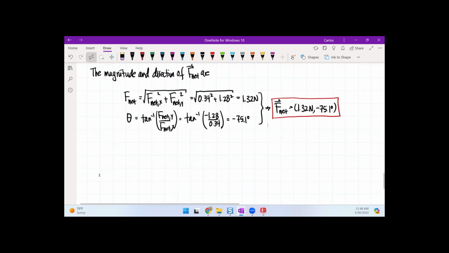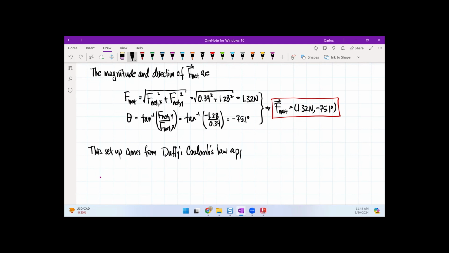Now, to check this, the setup comes from Duffy's Coulomb's law applet.